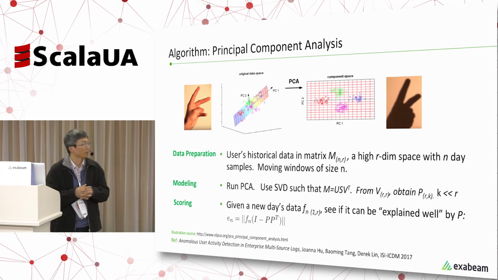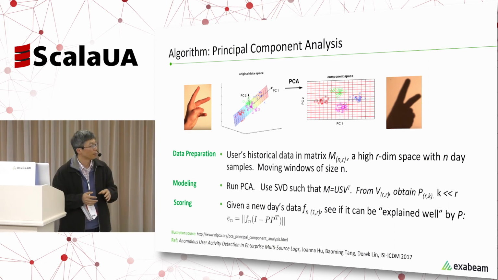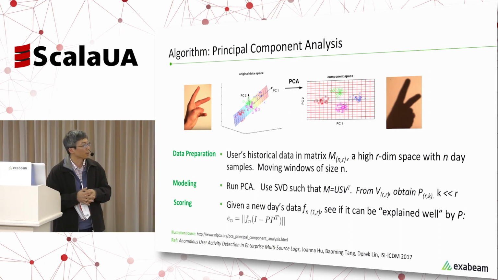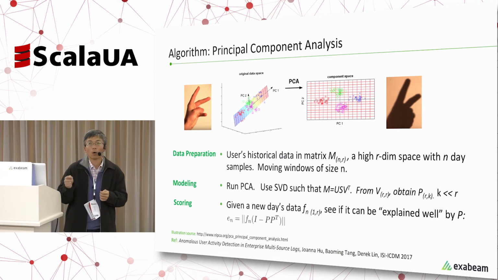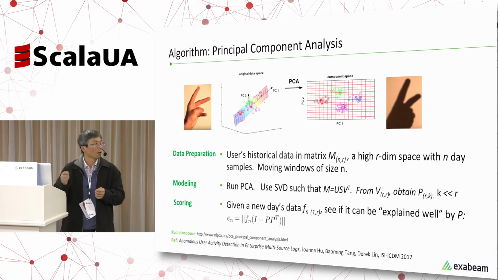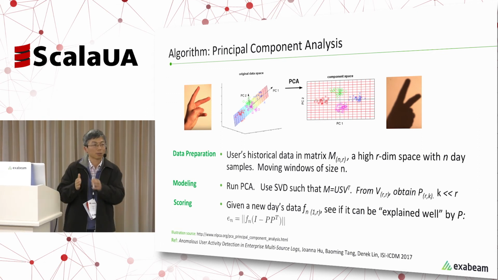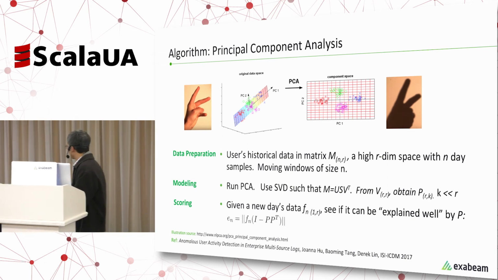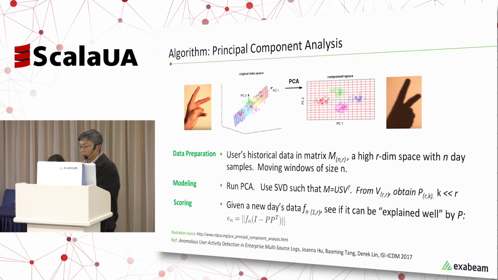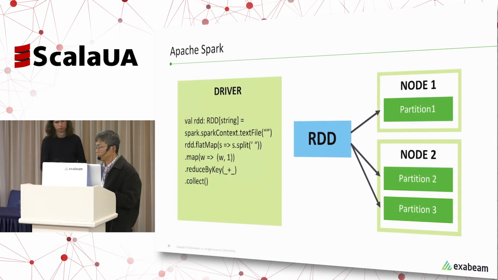Without going into details, just know that the error computed is in that expression, which measures the deviation of your current activities from the model you just built, which should have explained the historical data. Now Leonid is going to talk about how we implement this in Spark and also show you some code.